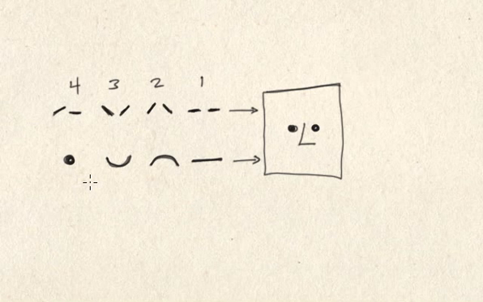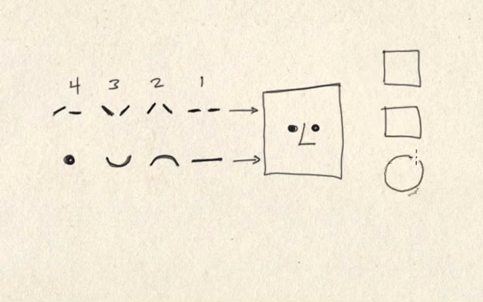So let's take a look at combining these options. I'm going to draw out four more faces. And once again, you could use circles, you could use squares, you could use triangles. So I'll do two squares and two circles. I'm going to put the eyes in.